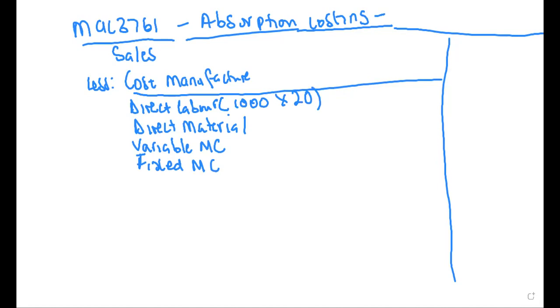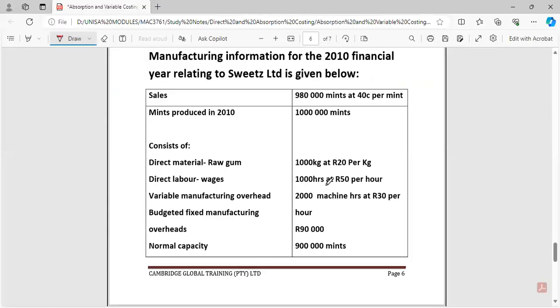Let's look for something else. I put something which is not supposed to be there. Let me check. I put the direct material, it's supposed to be direct labor. Okay. So the direct labor is 1050.